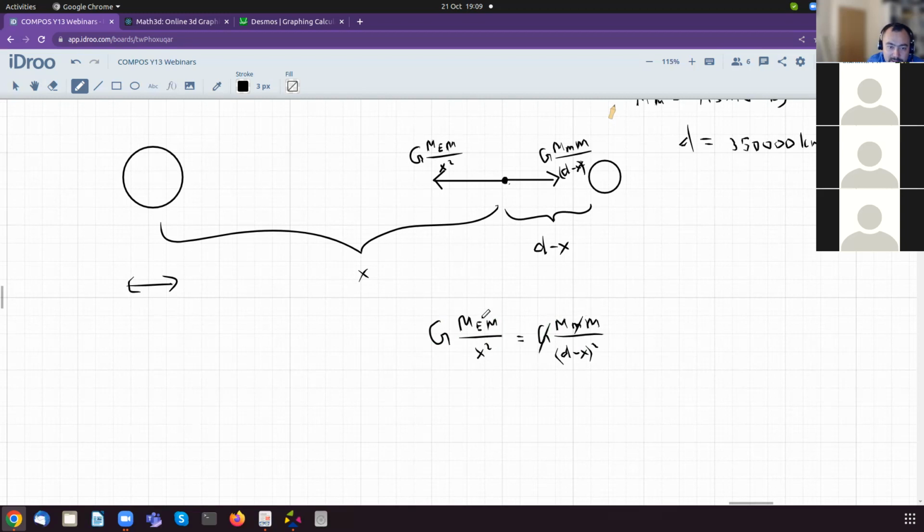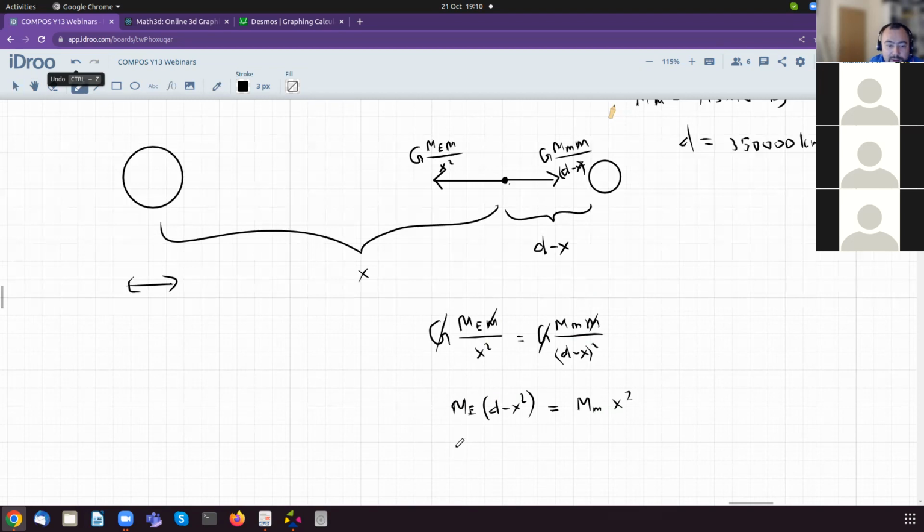G and m cancel. And you multiply: mass of Earth, d minus x squared, equals mass of the Moon, x squared. Now it's easier to substitute here.